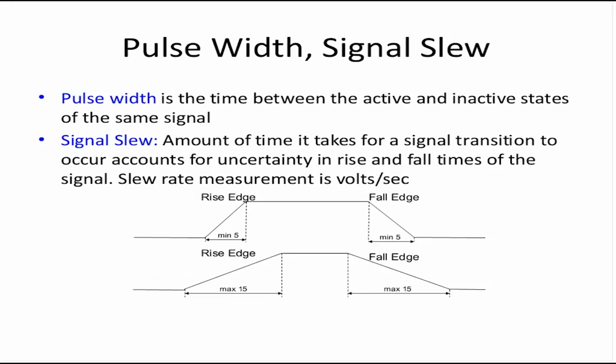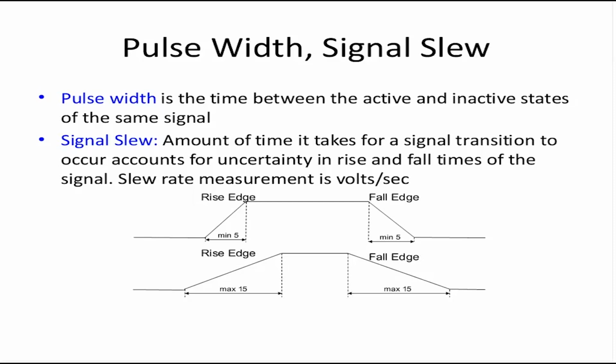That means that if you give a clock which has a pulse width smaller than something, either for the high pulse or the low pulse, the memory will not work. So memory needs a minimum pulse width value for both the high and the low pulse.